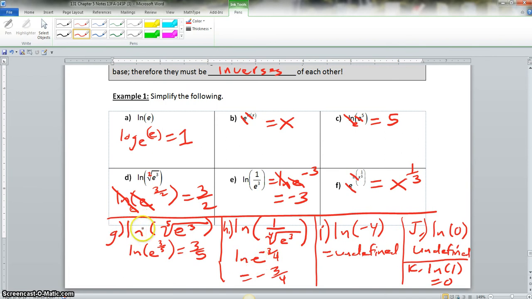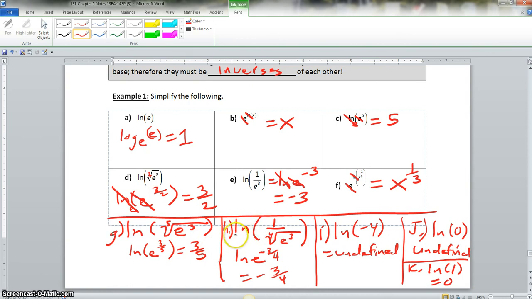Okay, now what we need to do is this here. We have a natural log of the 5th root of e to the 3rd power. We solve it the same way as we did d. We will make that e to the 3/5 power. This natural log and e will simplify out and leave you 3/5. Now we go here to h.